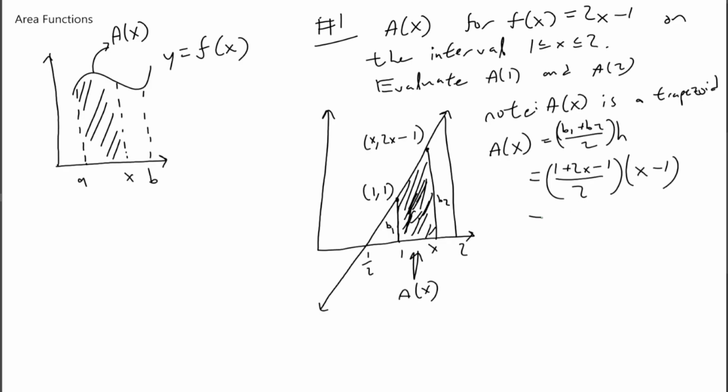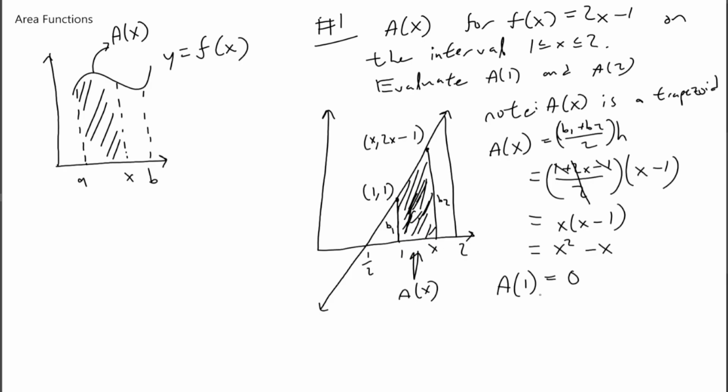And now if we simplify this a little bit, this will go away, this will go away. We're just going to get x multiplied by x minus 1, which gives x squared minus x. All right, so we can check that this is the correct function. Let's find the area at 1, which is going to equal 0, since 1 squared minus 1 is 0. This is in agreement with the diagram because this area function allows us to find the area between 1 and x.